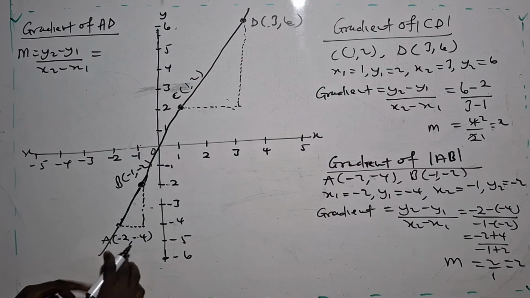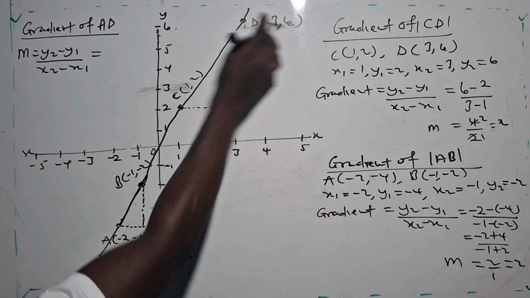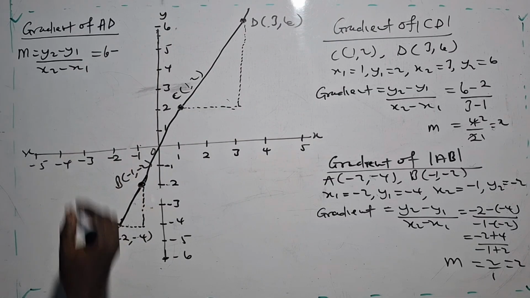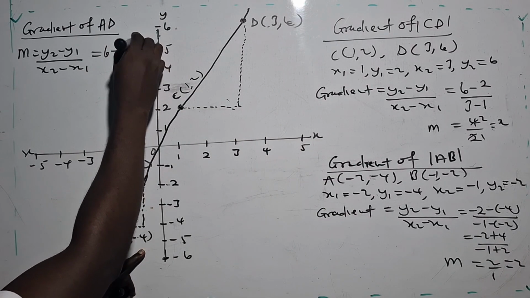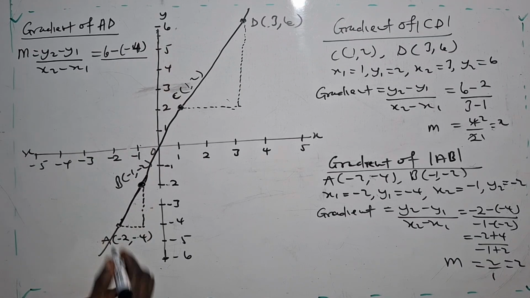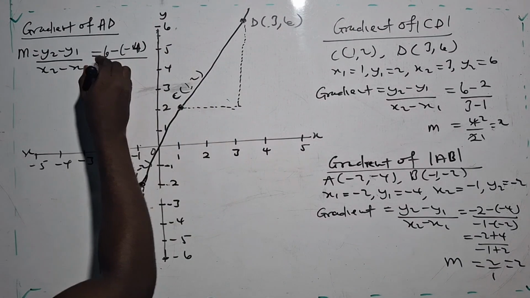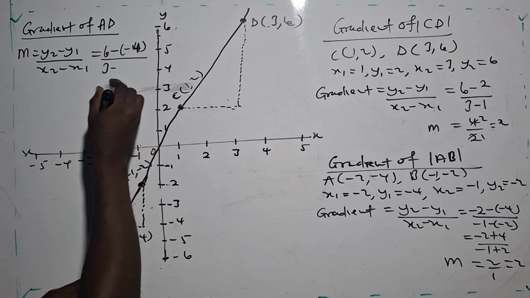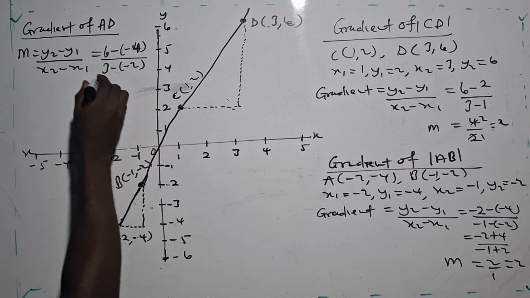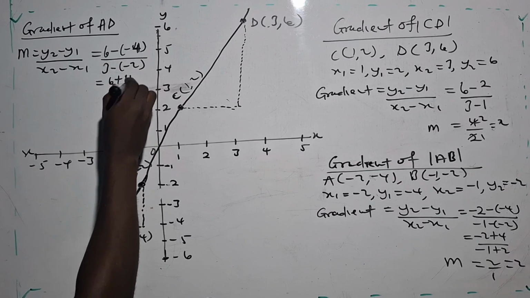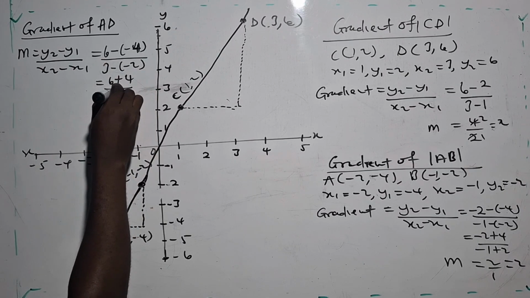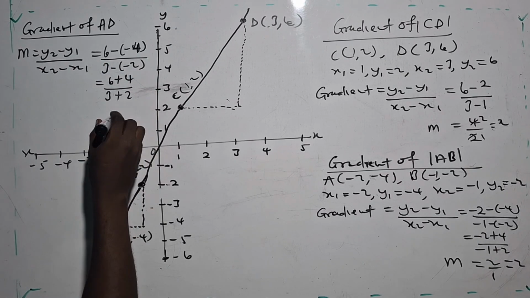So what is my Y2? My Y2 will be the 6 minus Y1. Y1 is what? -4. Now my X2 is 3 minus X1, -2. So the top one gives me 6 plus 4, and the down one gives me 3 plus 2.